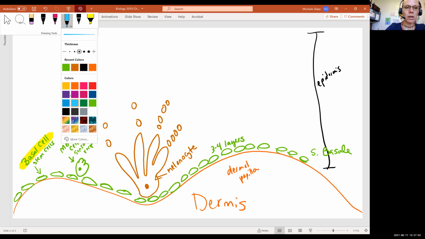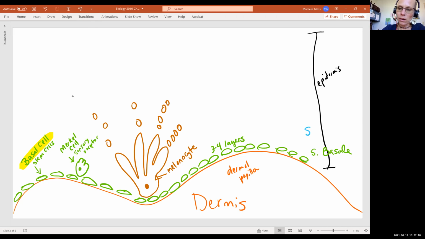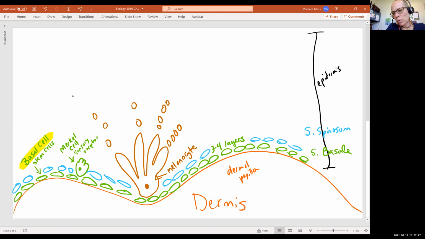Stratum spinosum. So I'm just going to grab a different color to help represent that. I'm going to layer here stratum spinosum, and I'm going to go ahead and draw out those layers of cells stacked right on top of the keratinocytes from the stratum basale. So remember, what's happening is as we're producing new cells, the old cells are constantly being pushed up to the top.